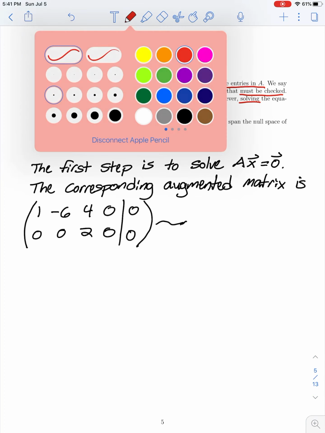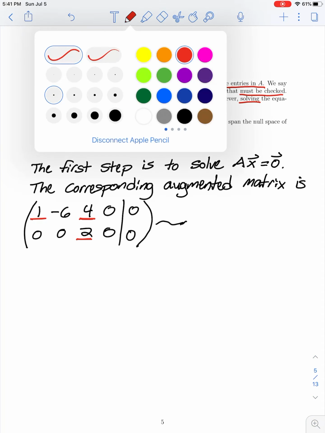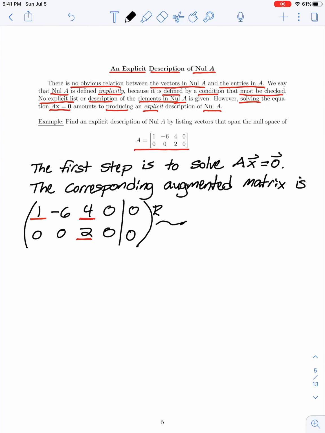Here, the first row already has a leading entry of 1 with a 0 below it, and our second row has a leading entry of 2, which I could use to eliminate the 4 that appears above it by taking row 1 minus 2 times row 2.